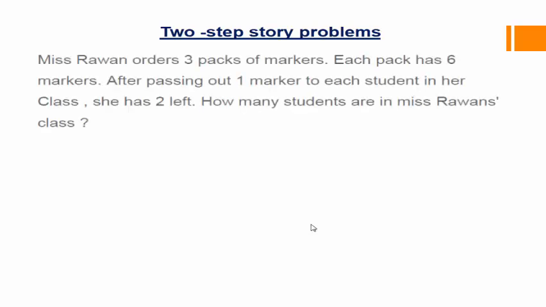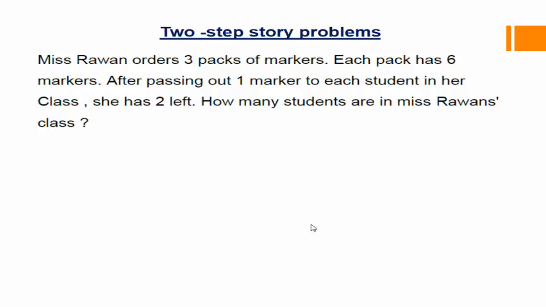And we have also two-step story problems. We will solve any story problem we have here with two steps. Let's see the first one. Miss Rawan orders 3 packs of markers. Each pack has 6 markers.